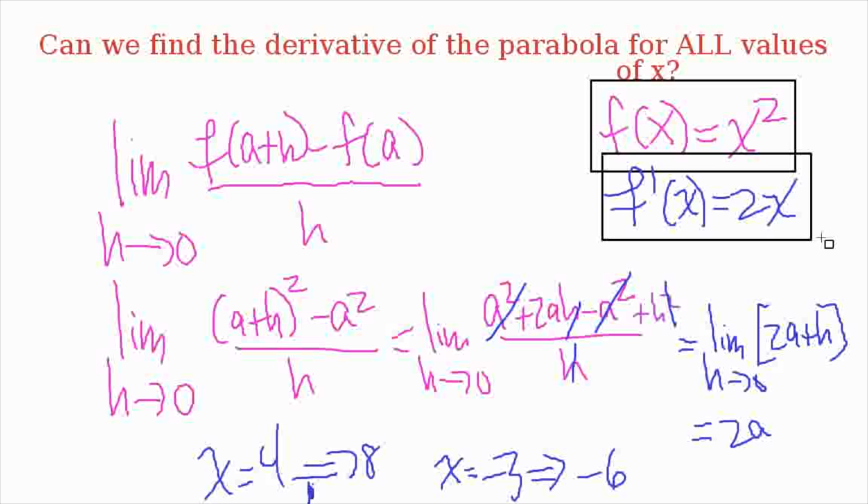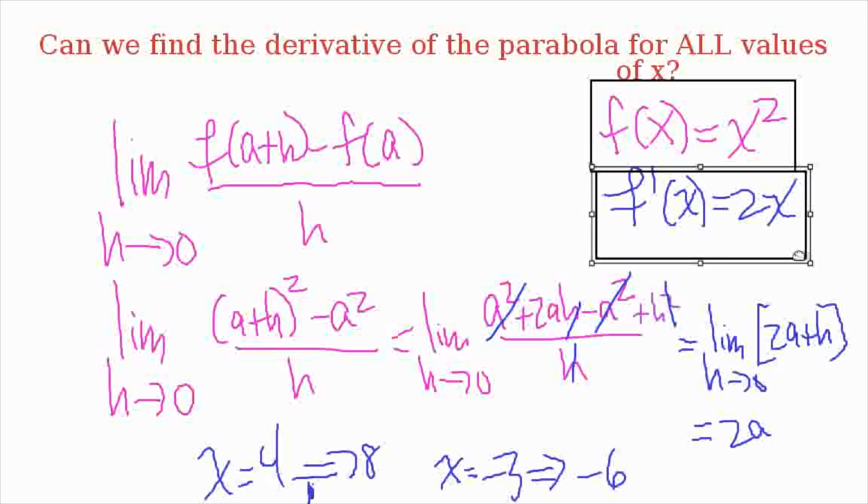Okay, so there you have it. We'll be doing this a lot. We'll be finding the derivative function for various functions. Now, what does that mean? That means that we're finding a derivative function that'll give us a derivative, in other words, the instantaneous slope for all values of x. All right.